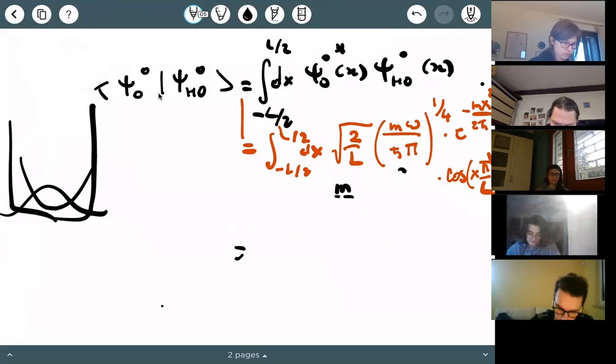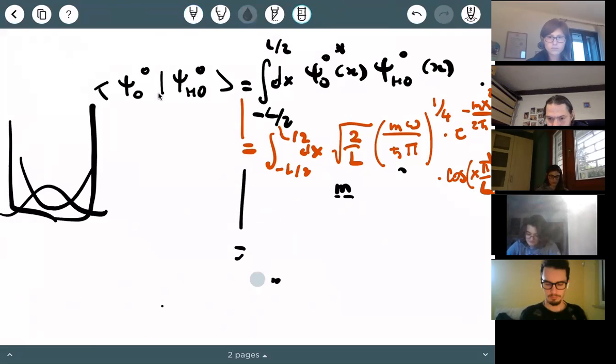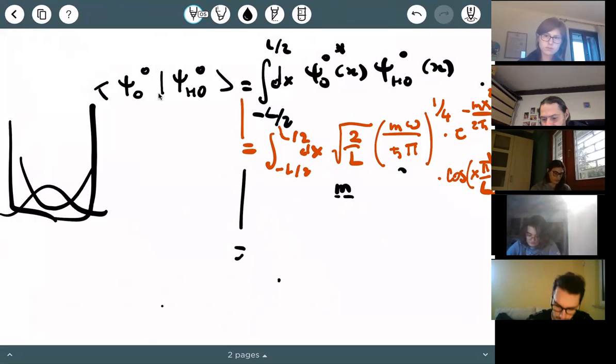So it means that I can take this integral from minus infinity to plus infinity. It doesn't really make a difference, because whatever happens from L/2 on, or near L/2, is completely irrelevant, because there's a large exponent here killing it, the exponential function killing it.